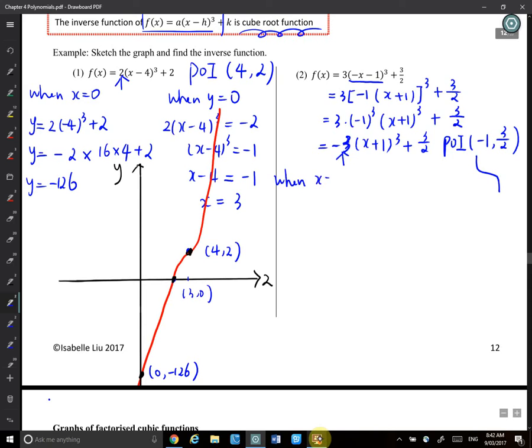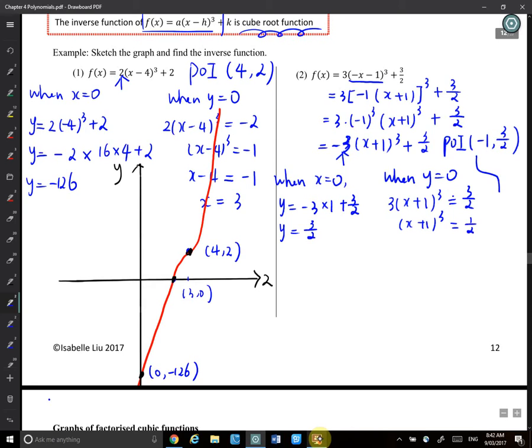When x equals 0, y equals minus 3 times 1 plus 3 over 2, which gives y equals 3 over 2. When y equals 0, minus 3 times (x plus 1) cubed plus 3 over 2 equals 0, so (x plus 1) cubed equals a half.